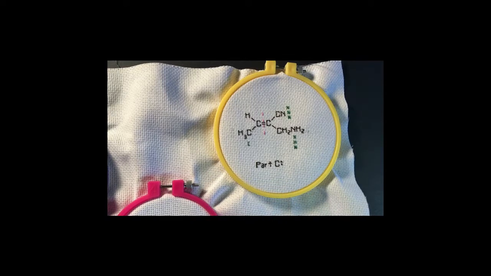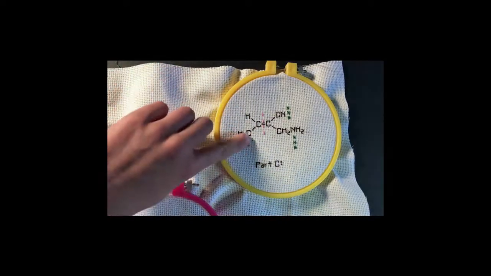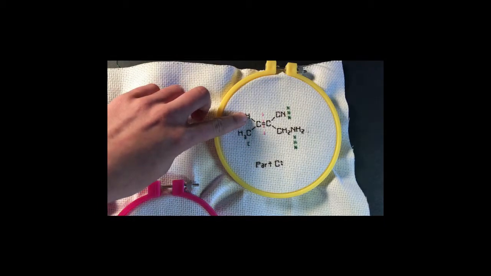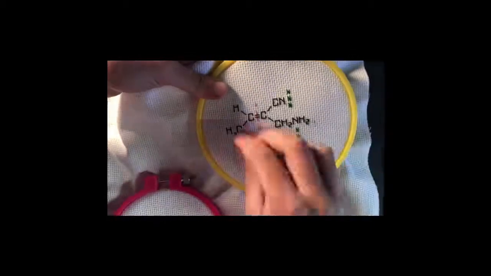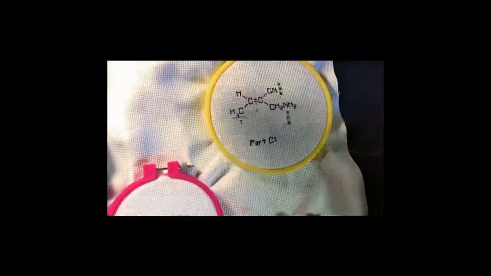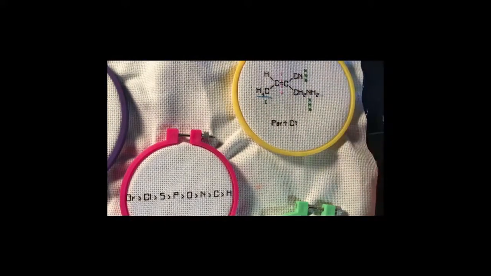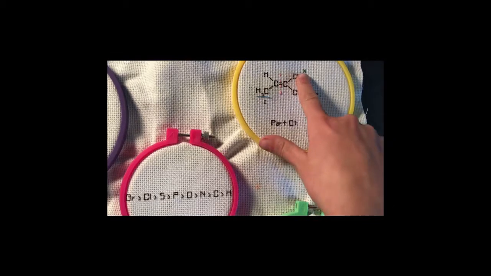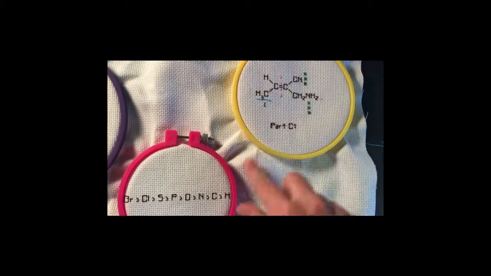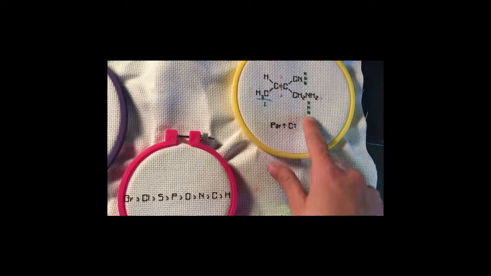Alright, so now that we've done that, we can look at it, and so this carbon is going to outweigh the hydrogen that's up here, so we can put a line under that. Alright, and then we can start looking at the right side now, and referring back to this pink hoop, we can see that the 3 nitrogens are going to outweigh the 1 nitrogen and the 2 hydrogen, I should say.